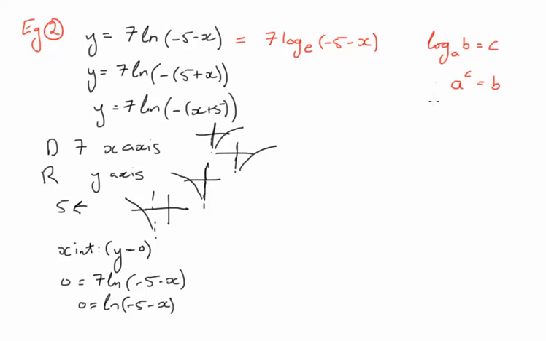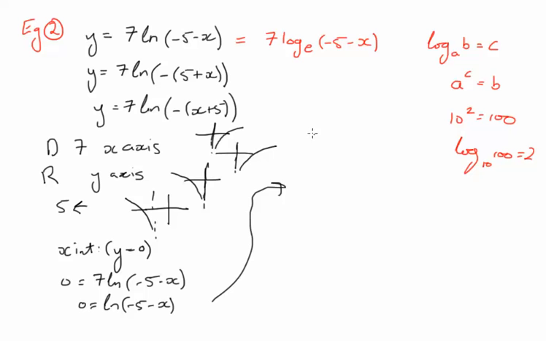A more familiar way to look at it would be 10 squared equals 100. The way I would write that as a logarithm is log base 10 of 100 equals 2. In other words, what power do I raise this number to, to get this number? Well, that power is 2. 10 squared is 100. So over here, I'm going to use this rule.